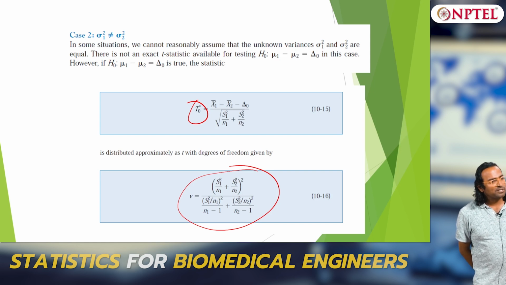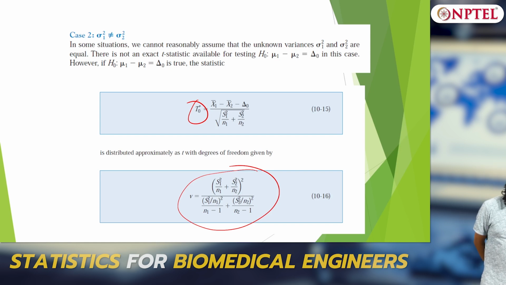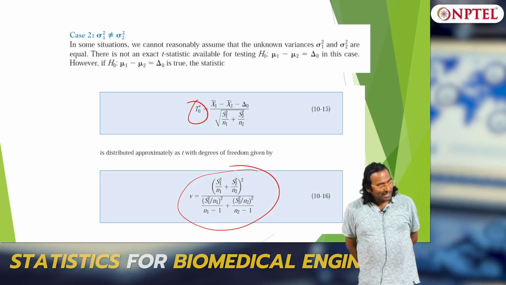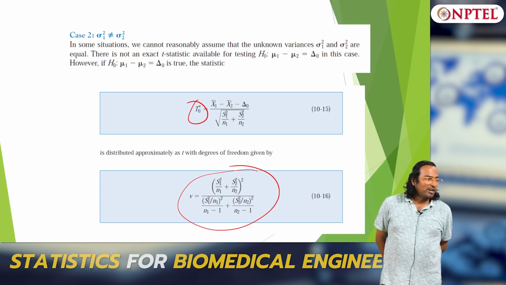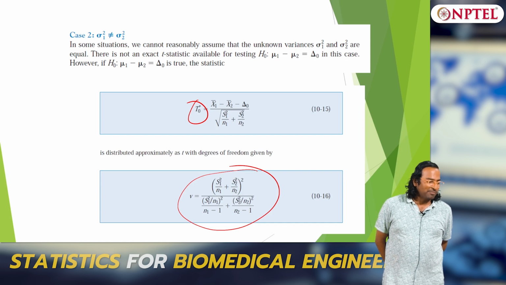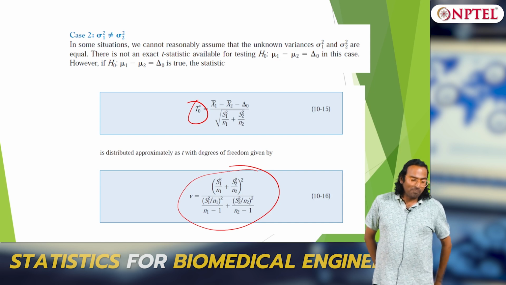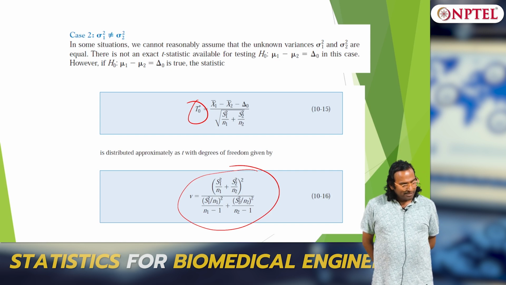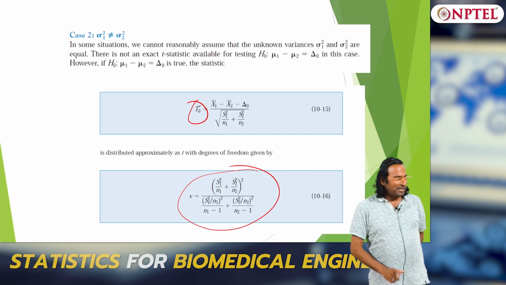In this case both the populations have different variances and that has to be accounted for while you are calculating the degrees of freedom, and that is why it comes up with a complicated formula. If you look at it, this is the total deviation divided by the appropriate degrees of freedom, etc. So this becomes complicated.